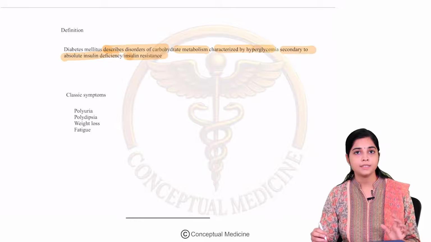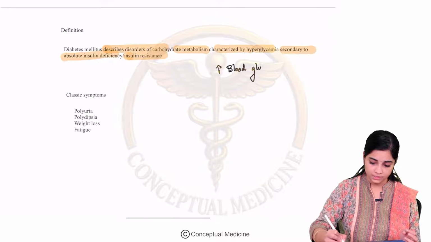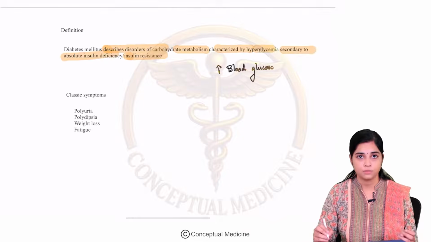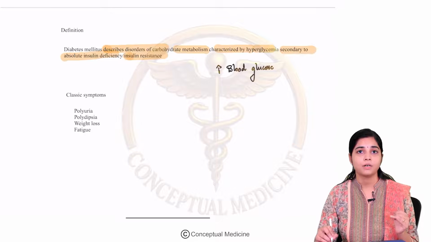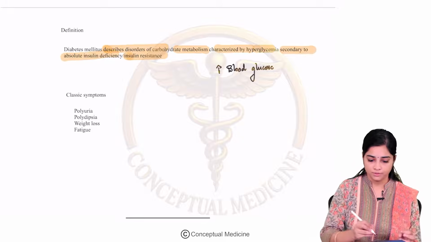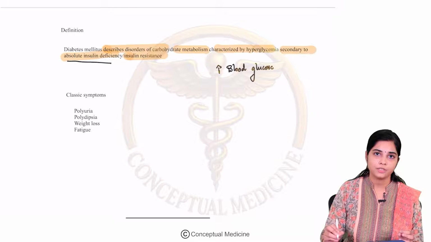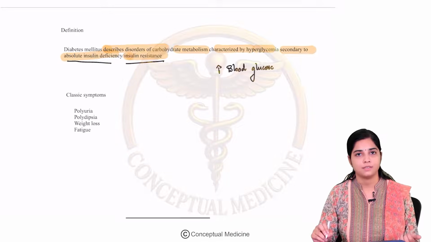The basic funda of diabetes mellitus is that there is increased blood glucose, or an impairment in carbohydrate metabolism, because of absolute insulin deficiency or resistance to insulin action, which we call insulin resistance.